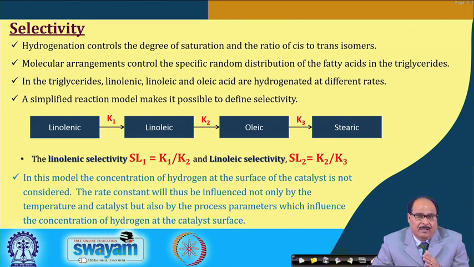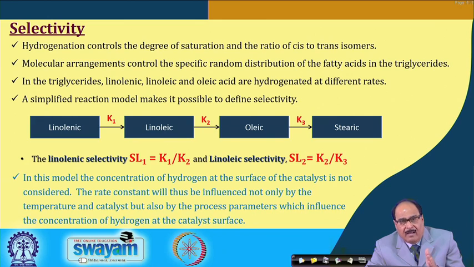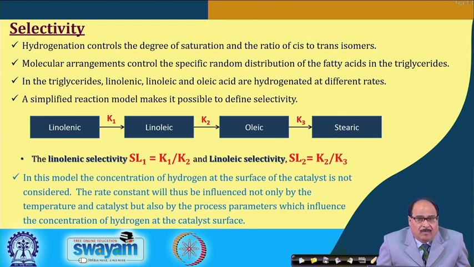In fact, this selectivity is defined under the normal conditions: highly unsaturated fat like polyunsaturated fat undergoes conversion into saturated fat at a higher rate than those with less unsaturated fatty acid. The more polyunsaturated fatty acid hydrogenates at a faster rate than the less polyunsaturated fatty acid, and that is the selectivity.